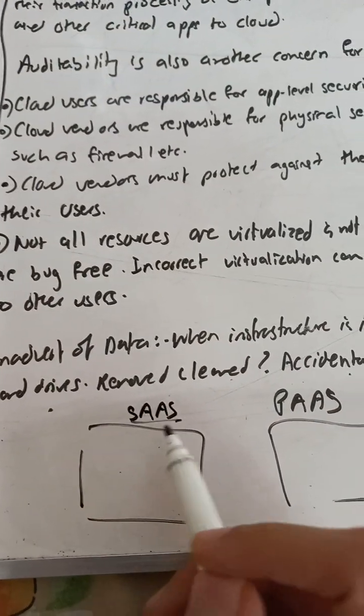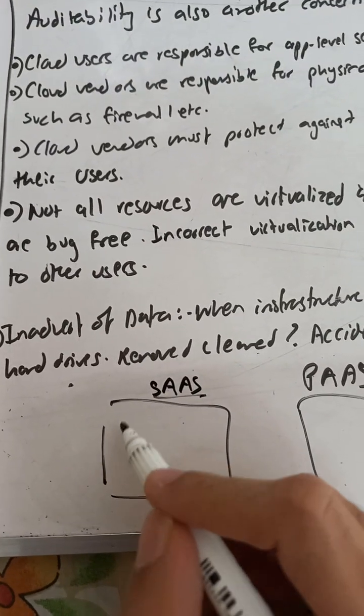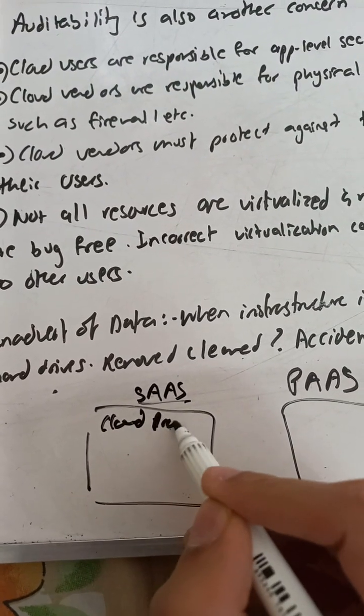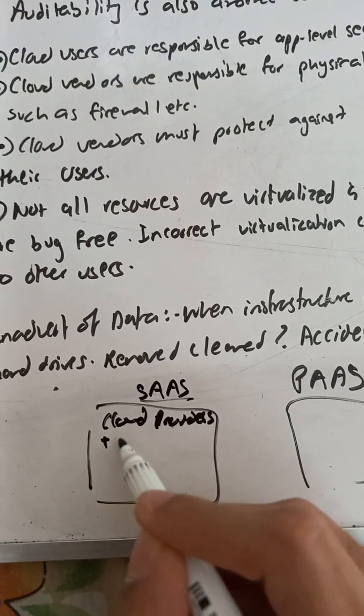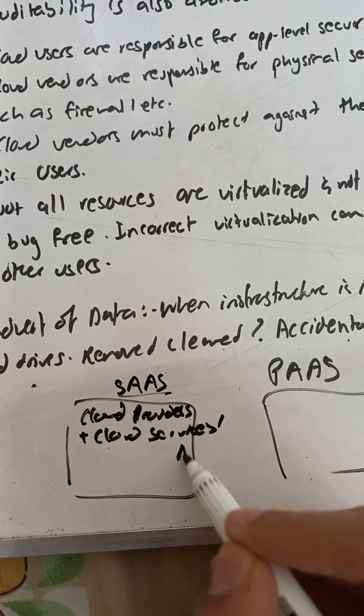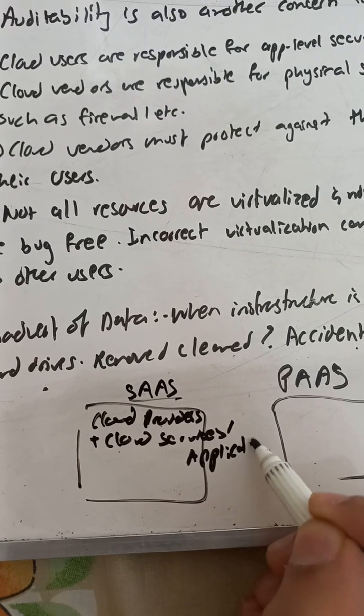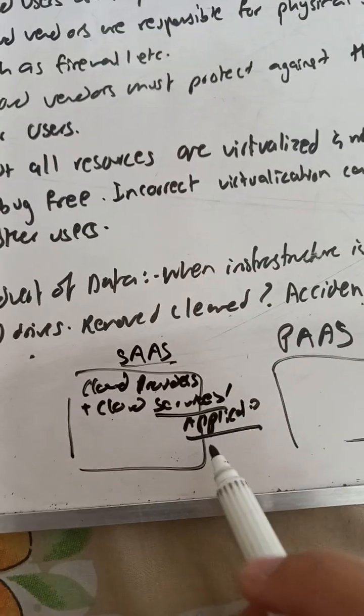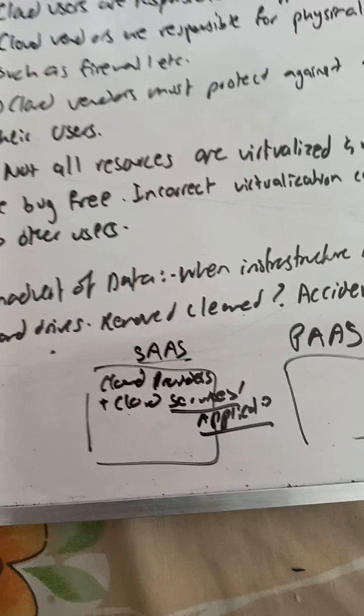So in software as a service, we are saying that we have cloud providers and we have some cloud services, or you can say applications. So the user can use these services and use these applications on the cloud providers.